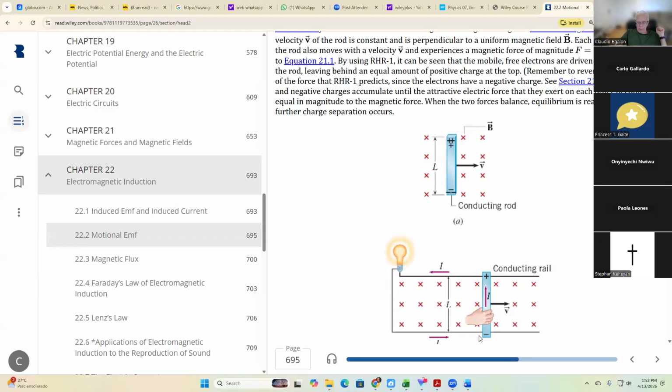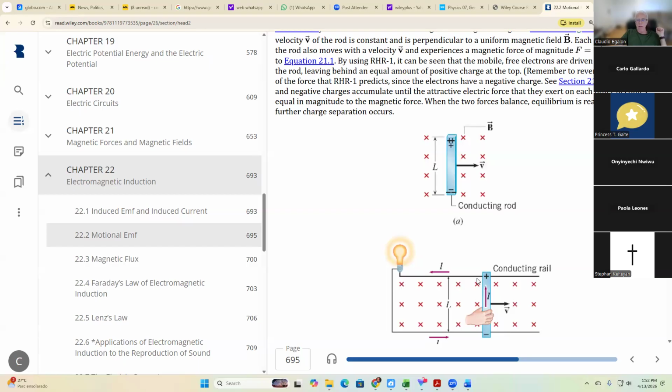So if we have a conducting bar moving to the right, like you see in this drawing, you're increasing the area of this circuit, and consequently you are increasing the magnetic flux as well. The bar is not vibrating, it's just moving linearly.